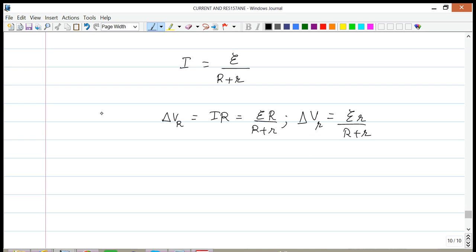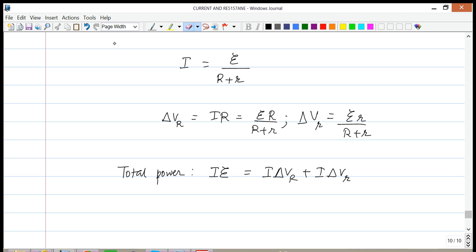Along with this, we can also figure out the power. The total power would be equal to I times E, which would be equal to I times delta V_R plus I times delta V_r.